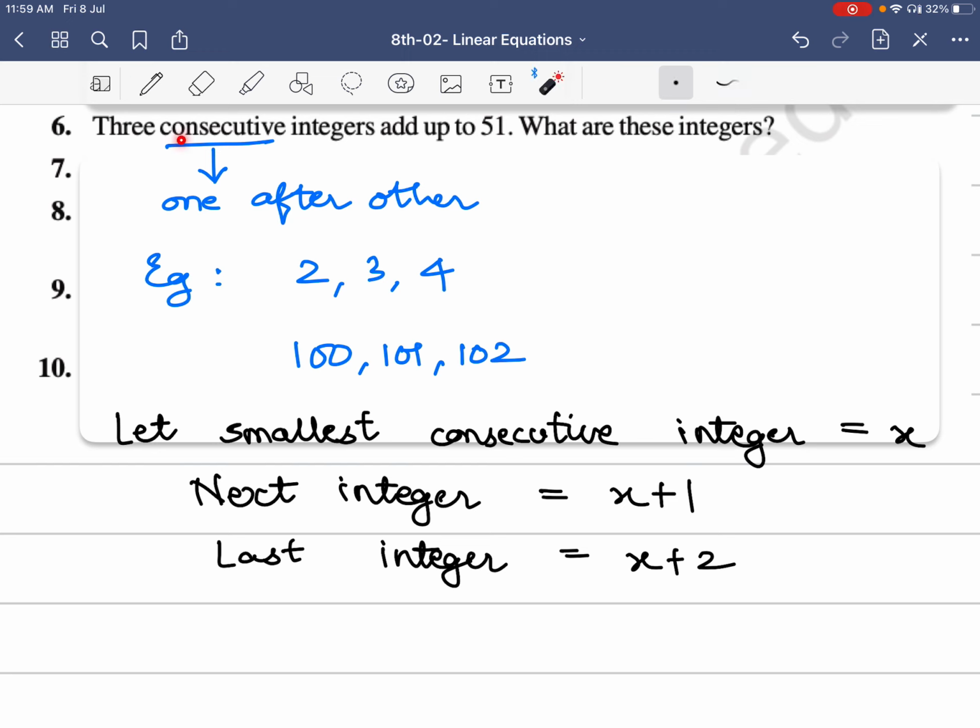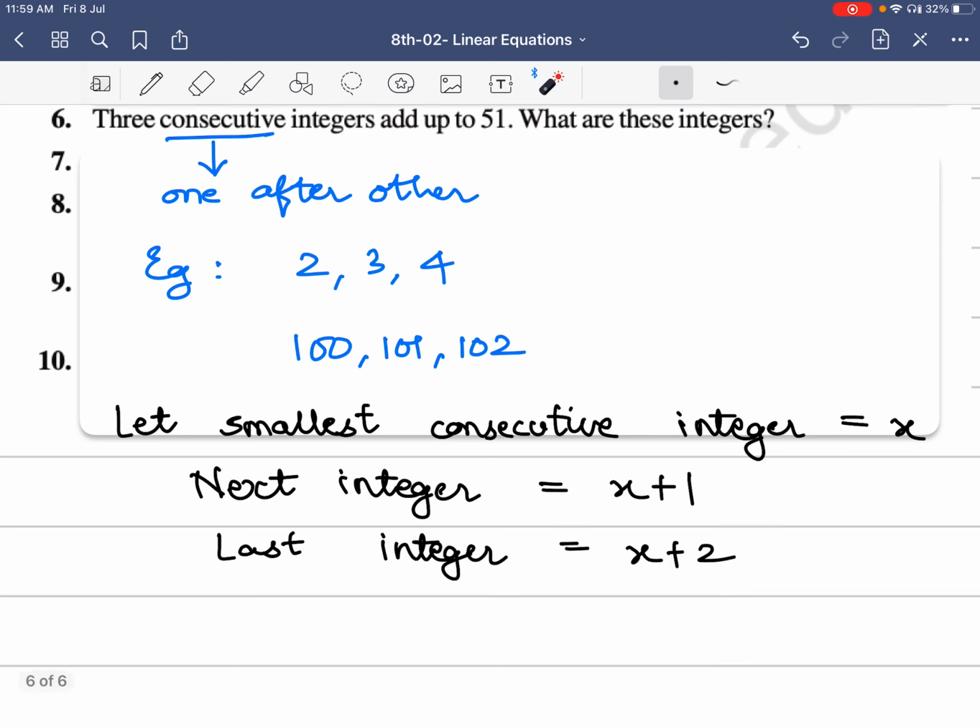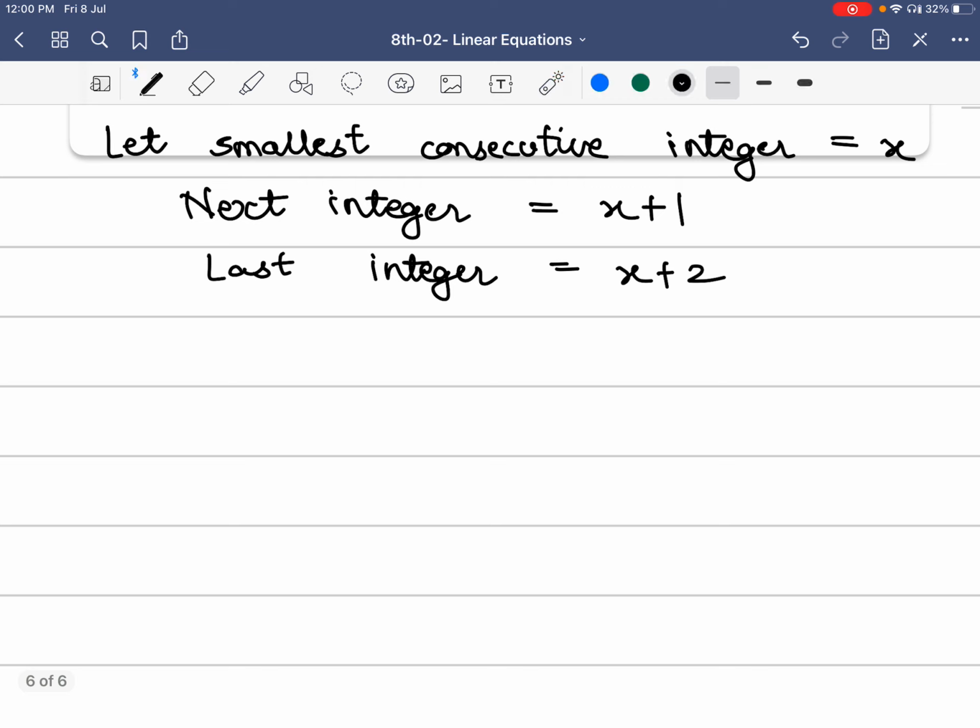That's what consecutive means. So this is an important hint that these integers are consecutive. They are not just any random 3 integers which add up to 51. We have 3 consecutive integers, the integers which come after one another, whose addition is 51. So clearly now we can form the equation.